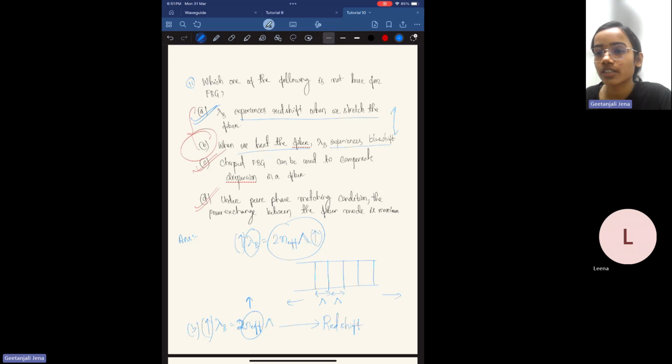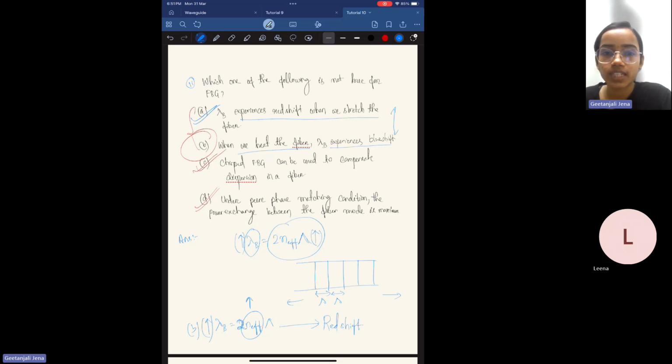So when we heat a fiber, that means the molecules. So fiber is made up of some material, right? SiO2, silica. Because of heating, there will be vibration in the molecules inside the fiber, and because of that, the modes will experience resistance to propagate inside the fiber.